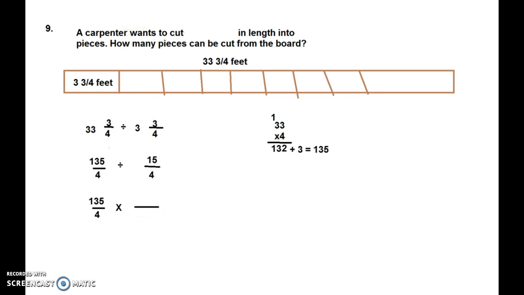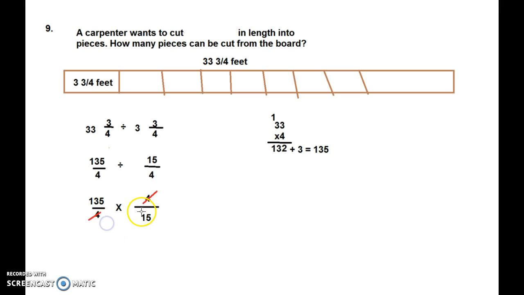So instead of 15 over 4, it's 4 over 15. And then you can multiply across, or what I think is easier, cross cancel. These two numbers are the same, 4 and 4.